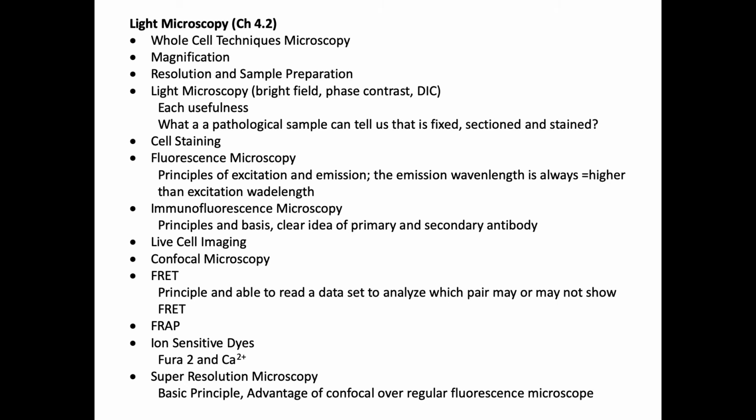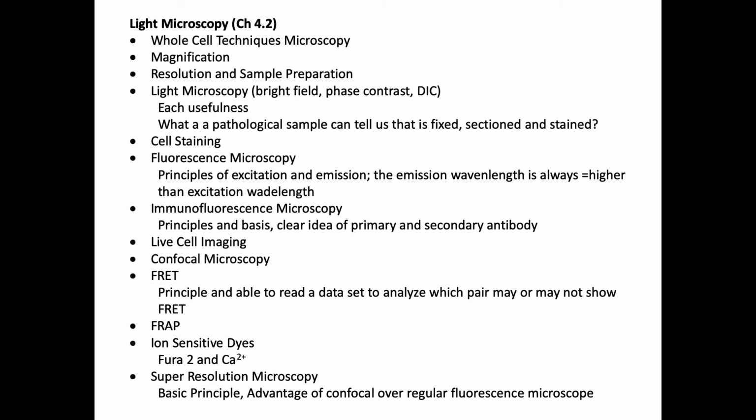For example, with hematoxylin and eosin stain or other types of stains, a typical question is: you have a biopsy sample from a patient, you fix it, stain it, and you are going to look at the morphology and arrangement of the cells. What kind of microscopy will you use?